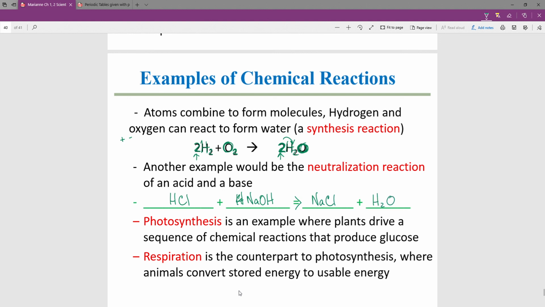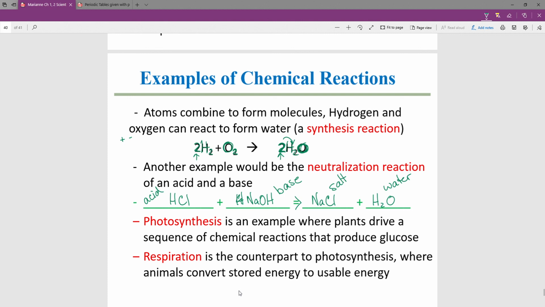So if you like the words, you could have an acid and a base always make water and a salt. And if you want to balance this one, we've got 2 hydrogens and an oxygen, right? A sodium and a chlorine, and everything is good that way.